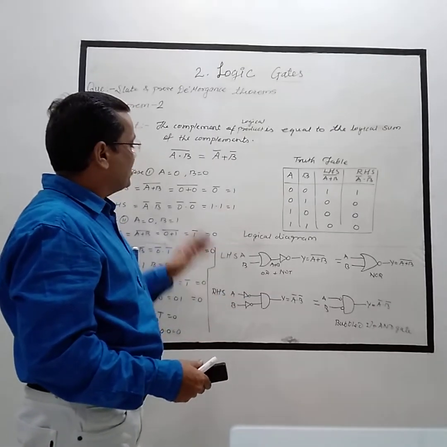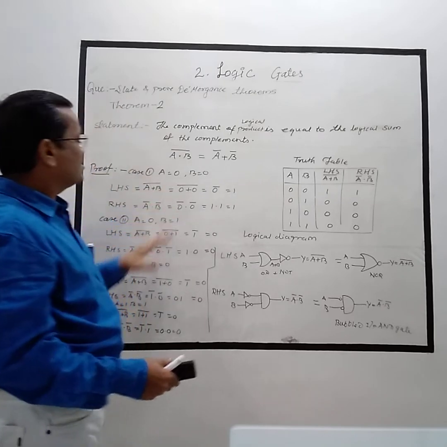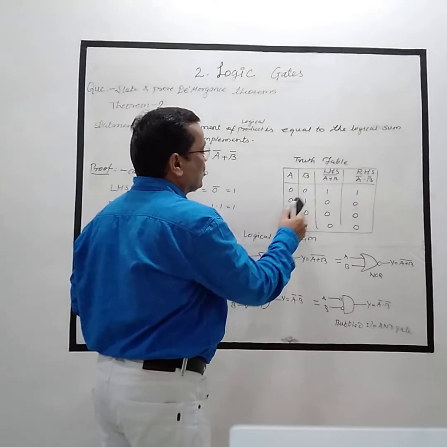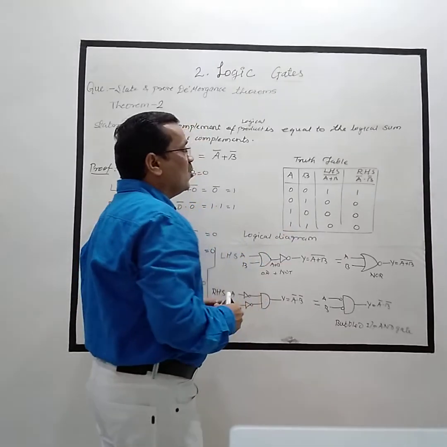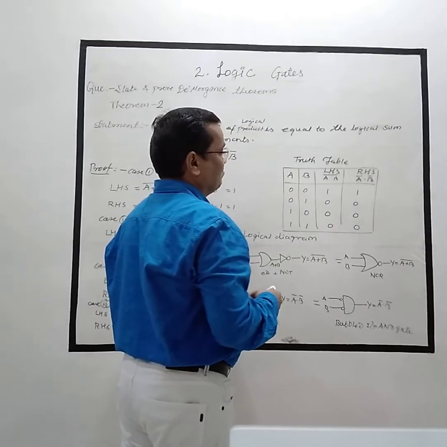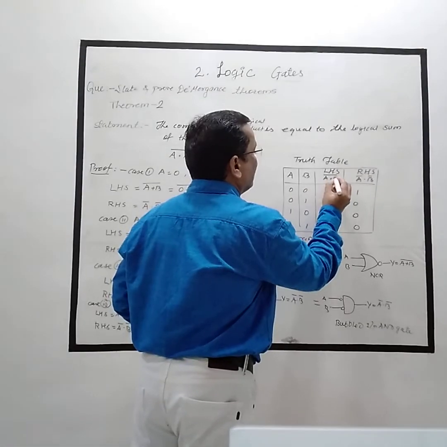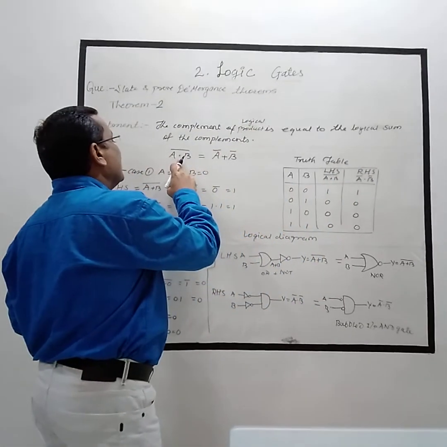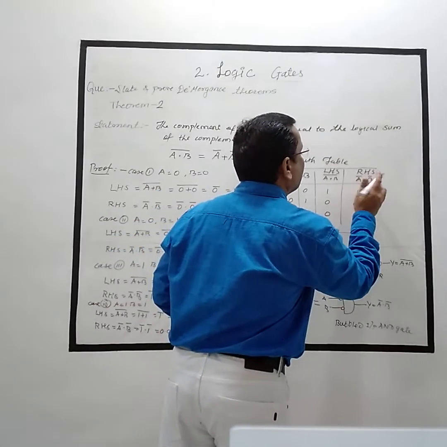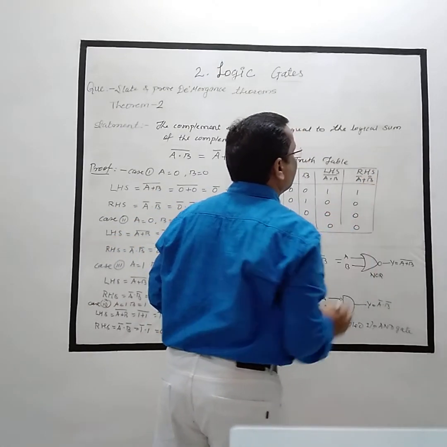Certain changes we have to make to prove this second theorem. A, B, the four possible combinations are same. Only change is what? Here it is A dot B whole complement. That means AND gate is replaced by OR gate.